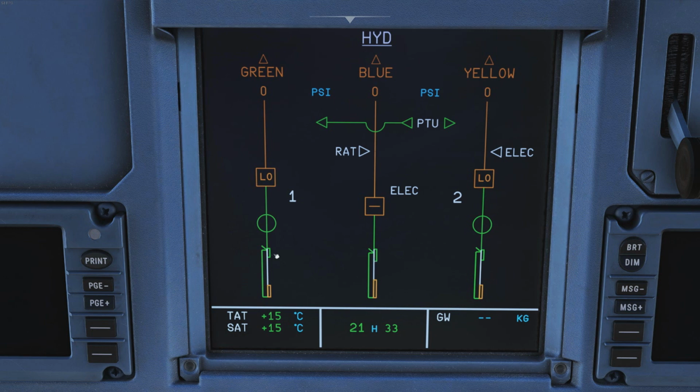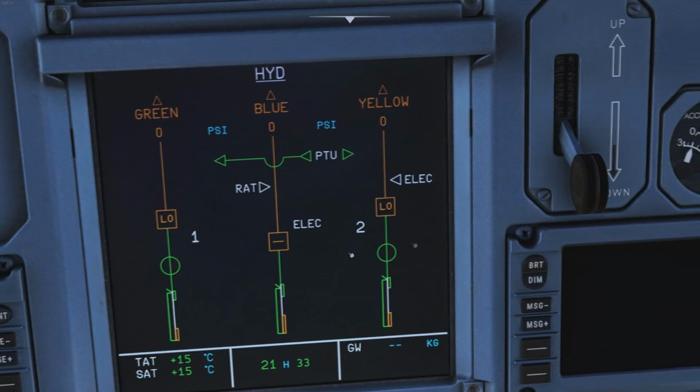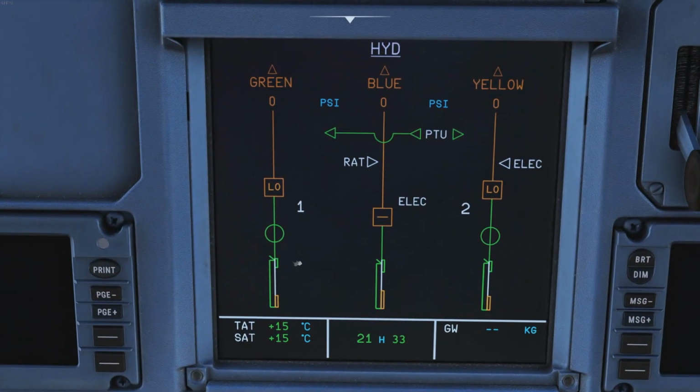If you lose hydraulic liquid and it reaches this level down here, this orange square, that means you're in the low level range and you are going to get a warning. Now be aware that these indicators are only really valid on the ground, because when you're airborne and let's say you put up the gear after takeoff, you will find that this level here will go all the way down to here.